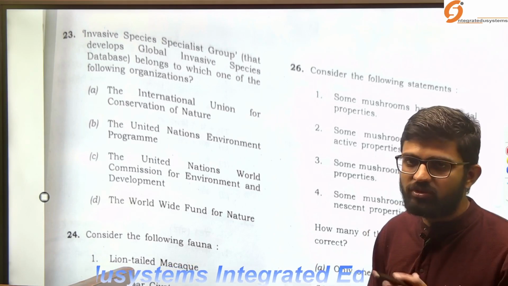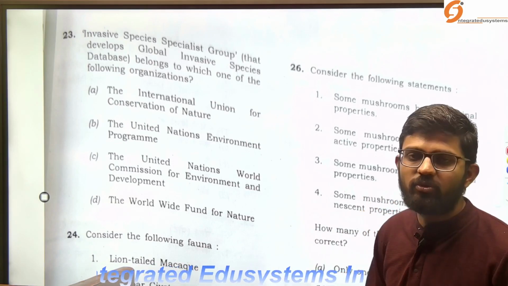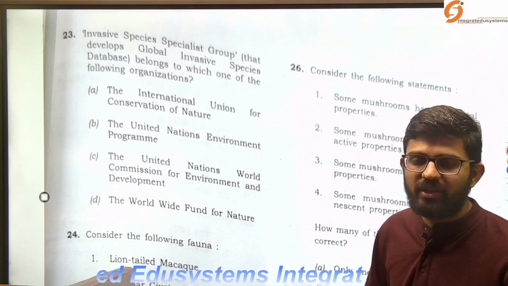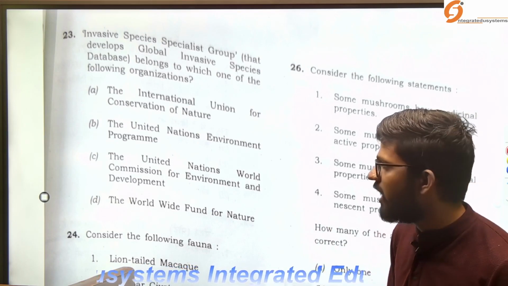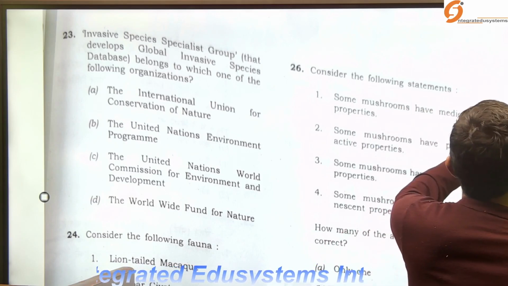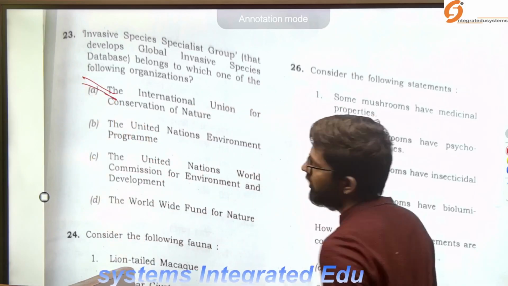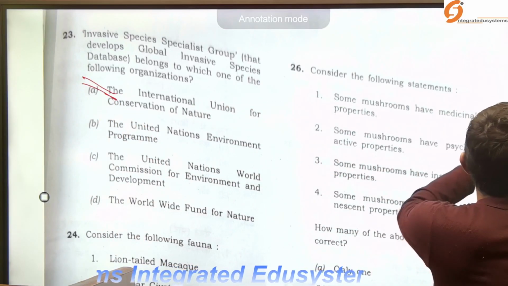Definitely it was a tough question, it was not direct, and many who did write also were not very sure, but they did it based on prior understanding that they had. So the answer is IUCN, International Union for Conservation of Nature.